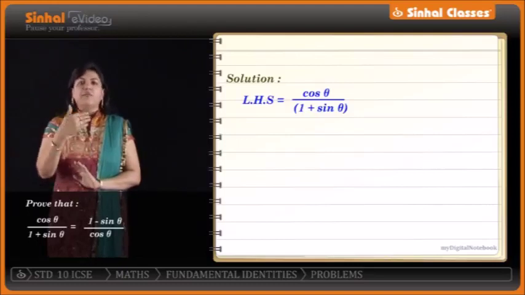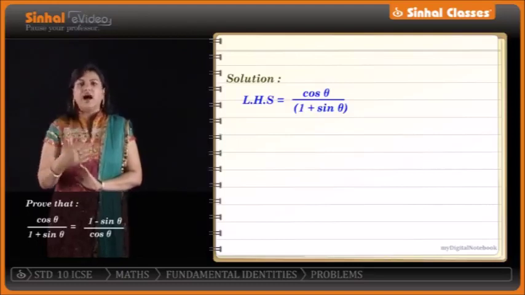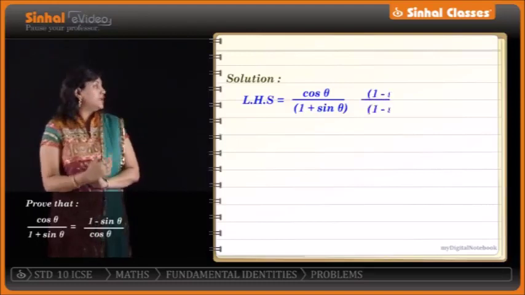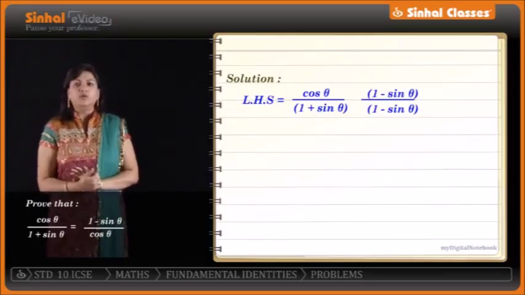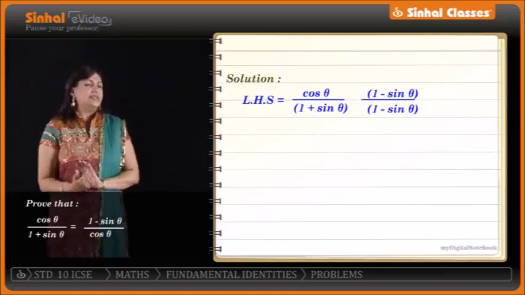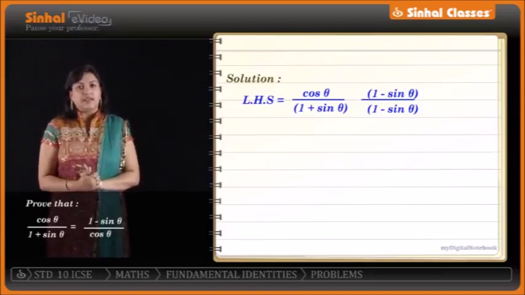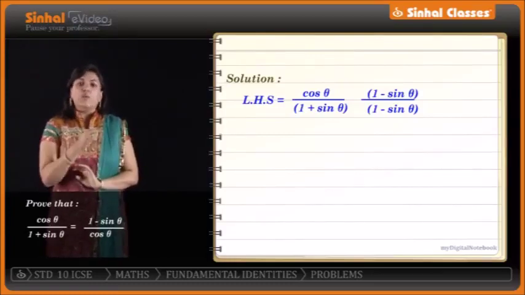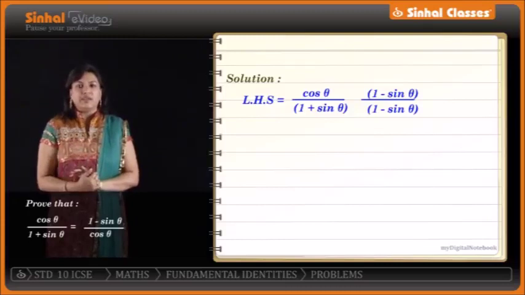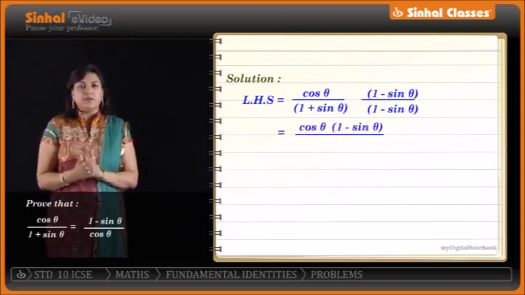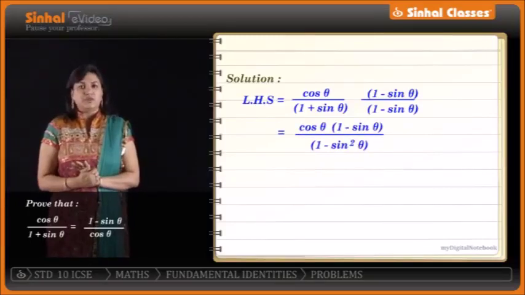So, we multiply the numerator and denominator by 1 minus sin theta to get cos theta into 1 minus sin theta upon 1 plus sin theta into 1 minus sin theta. Now, the denominator can be simplified as 1 minus sin square theta, because it's of the type a plus b into a minus b is equal to a square minus b square.